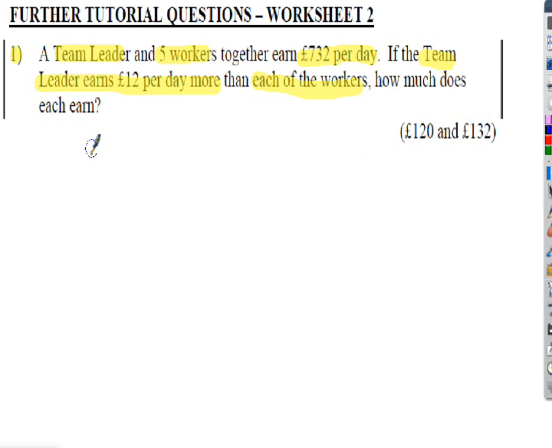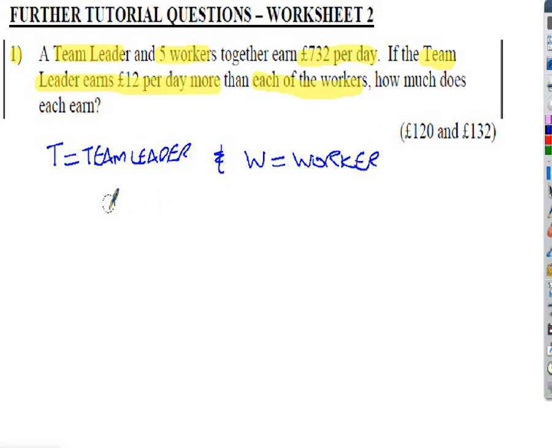So if I use some notation here, if I say T is equal to my team leader and W is equal to a worker, then reading the question I can write an equation that 1T, one team leader, plus 5 workers, 5W, is equal to £732.